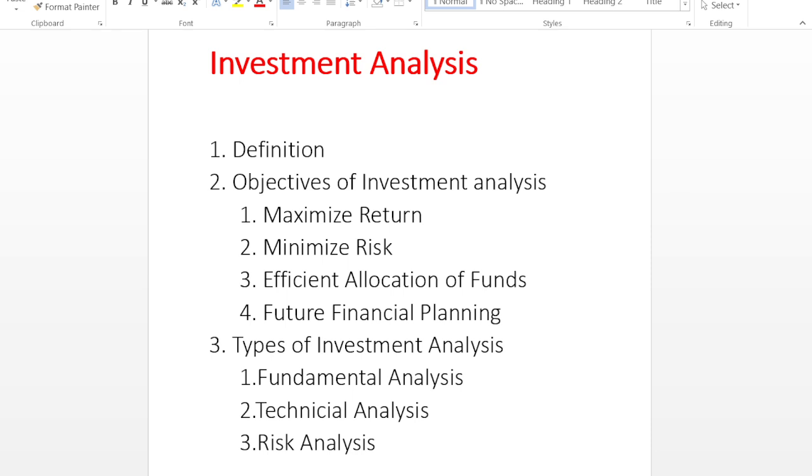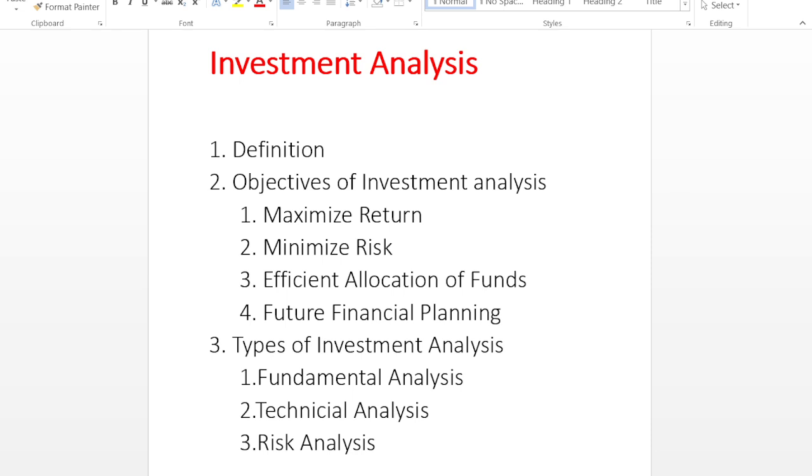Now coming to the objectives of investment analysis, the main objectives are maximum return, minimize the risk, efficient allocation of funds, and future financial planning. First one, maximize the return. It is to earn the highest possible profit from investments.